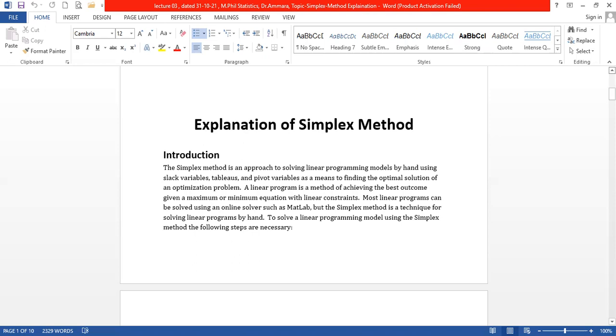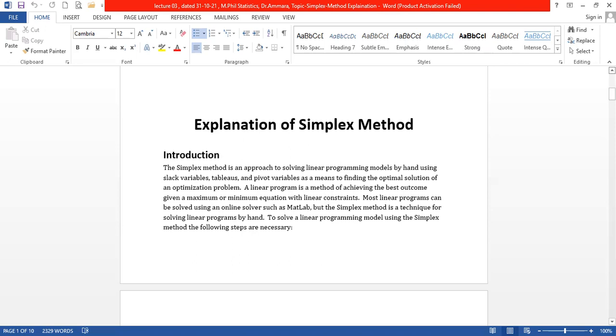Then we construct the new simplex table by entering the incoming vector, and we repeat this process again, and this will be called the first iteration. Then we repeat it for the second time and the third time, and they are called second and third iteration.